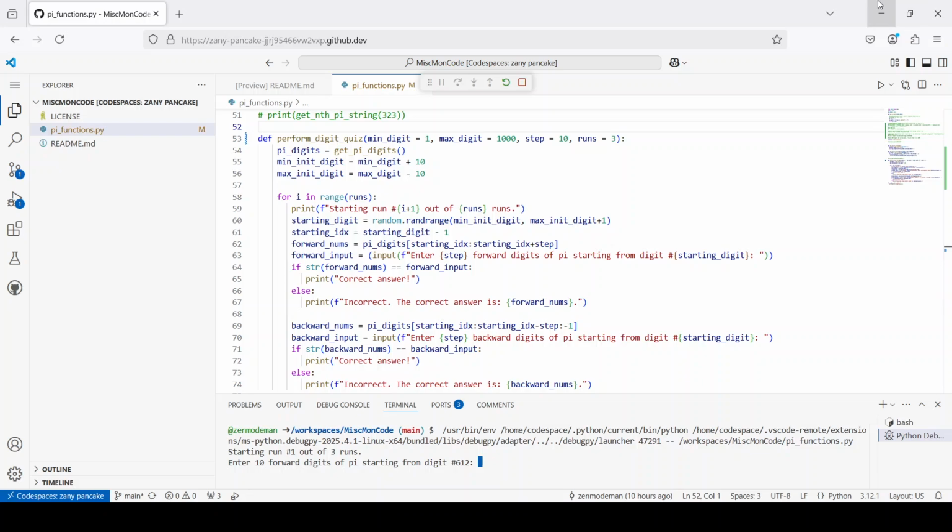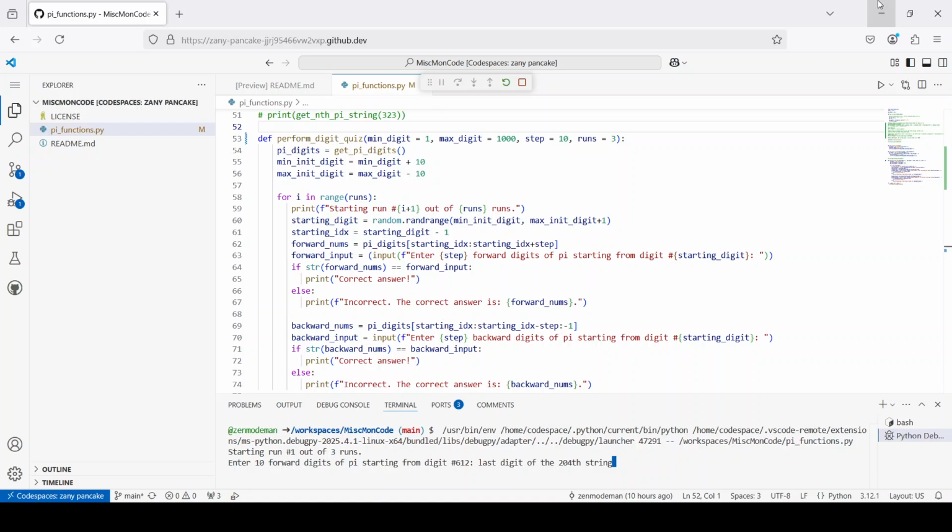First we need to divide by 3 to get 204. So we're working with the 204th string. Because there was no remainder here, we're just working with the last digit of the 204th string.